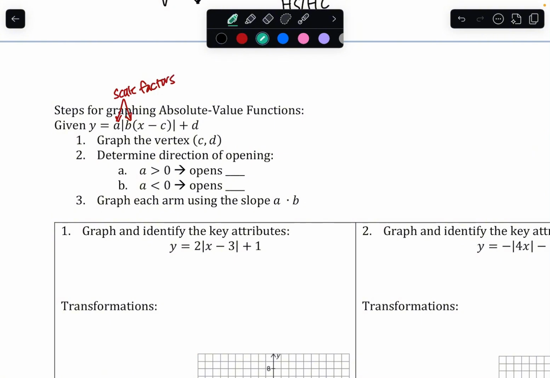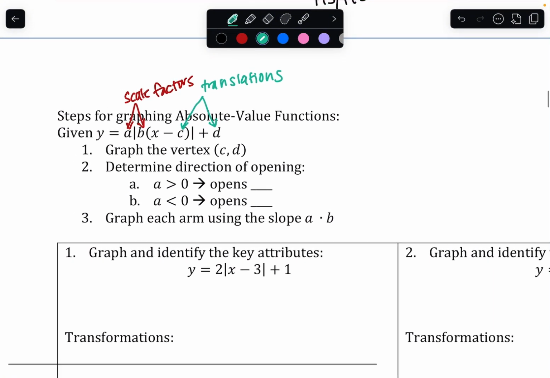And then C and D are your translations. Okay, and so you first want to determine where the vertex is. And so if you're moving right C up D, your vertex is now (C, D).